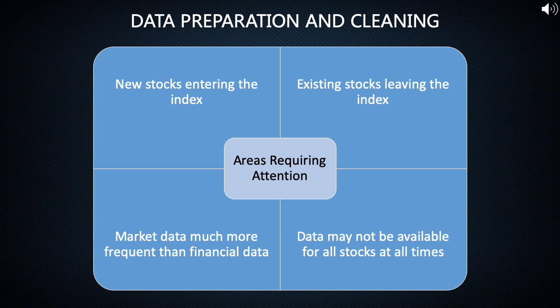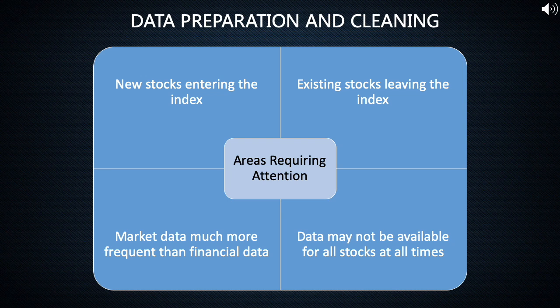Another area is that the market data, which includes the price, the volume, etc., are much more frequent on a daily basis, while the financial data of the companies are typically released once a quarter. Therefore, over the span of 10 years, we have approximately only 40 data points for each company's financial data, while we have over 2,500 data points for the market data.